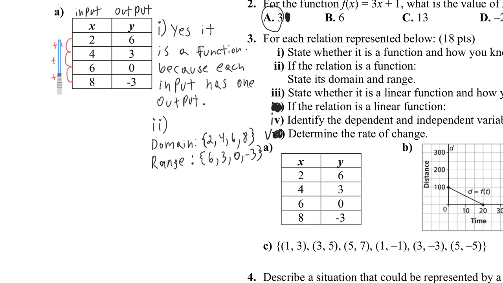So this rate of change in my x values is constant. It's constantly going up by 2. Now when I do the same thing for my y value, I'm going down by 3, then down by 3 again, then down by 3. So my rate of change in my y value is constant as well because I'm going down by 3 each time.